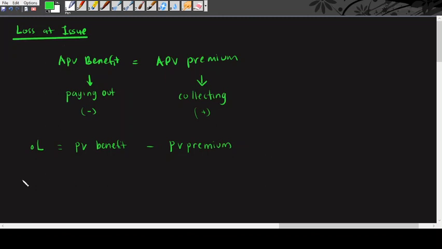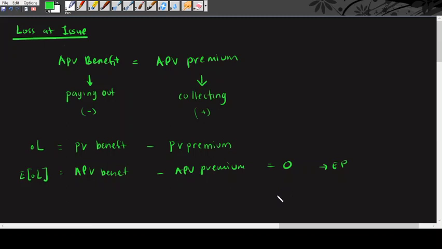Under the equivalence principle, the expected loss will be the APV of the benefit minus the APV of the premium. This shall be equal to 0, because under the equivalence principle the APV of the benefit shall be equal to the APV of the premium. So if they are equal, when you deduct, it shall be equal to 0.